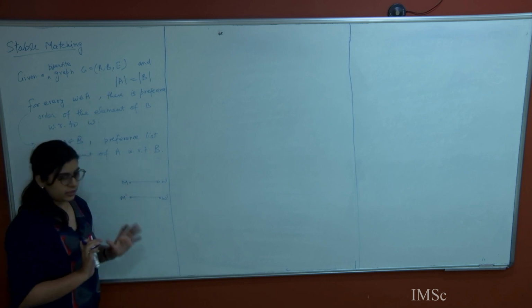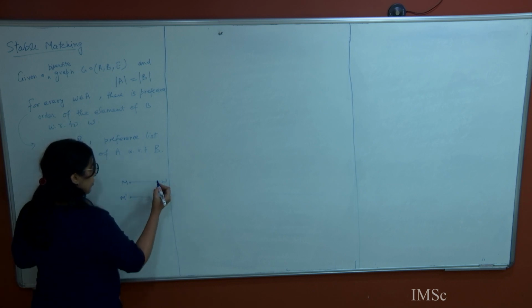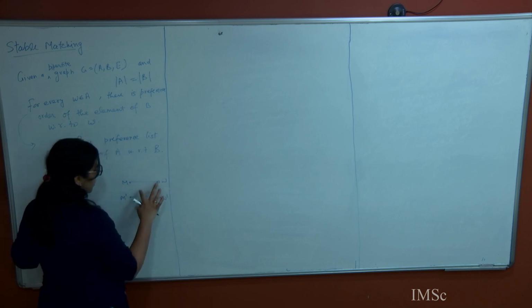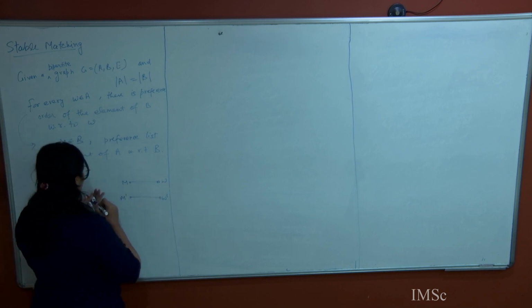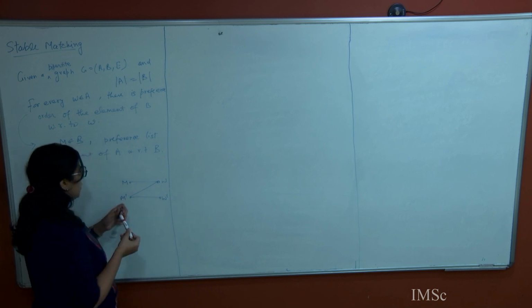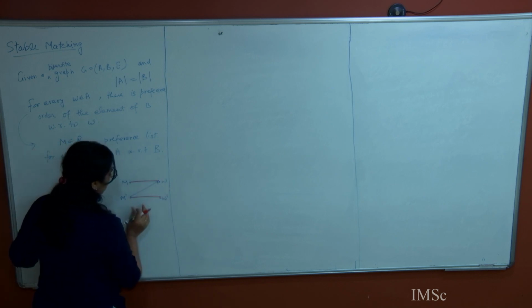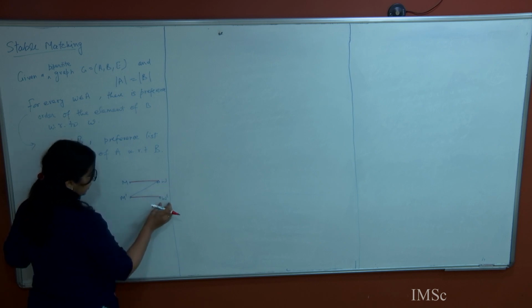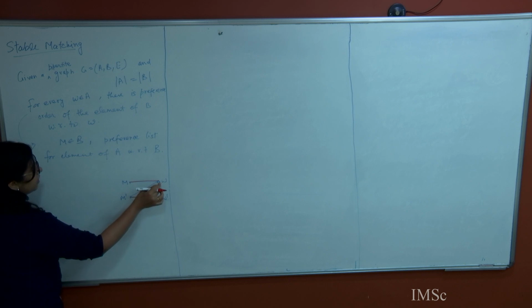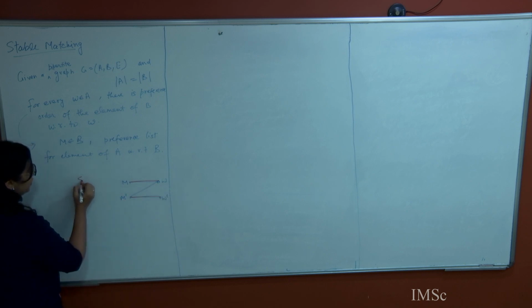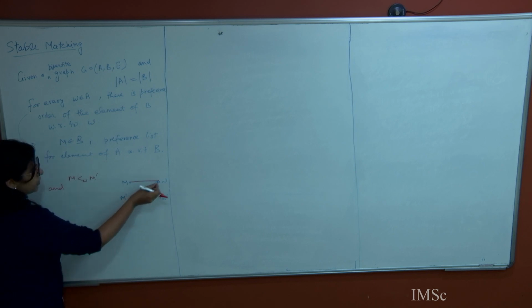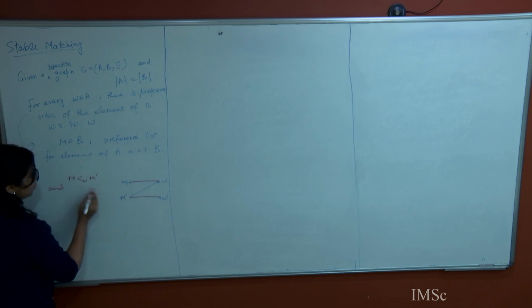We will say that this matching is not stable if, say, W prefers M prime more than M. Say M is matched with W, M prime is matched with W prime, but W prefers M prime more than M, and this M prime also prefers W more than its matched partner W prime.